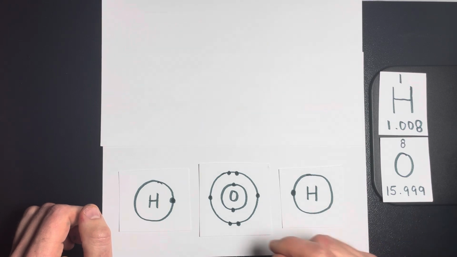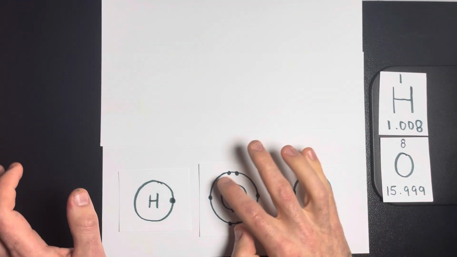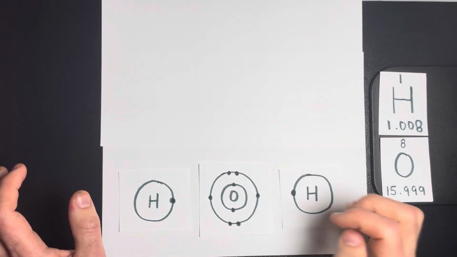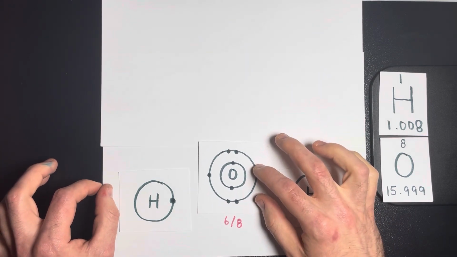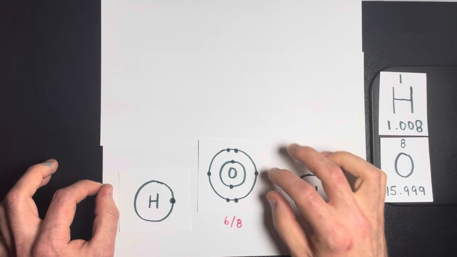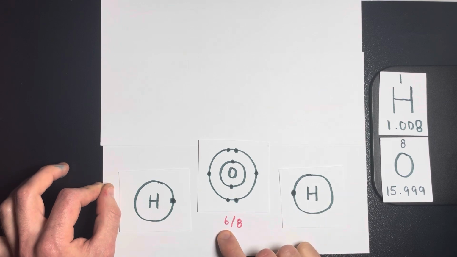So we have 8 total electrons, but we already used 2, so we only have 6 left over to place in the second shell. And I actually have written here to indicate our situation 6 out of 8. So the outermost shell can hold 8 electrons, but we only have 6 to give.